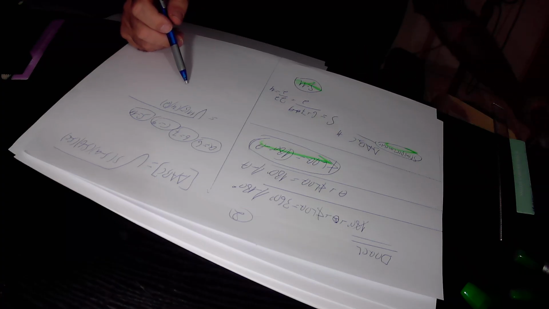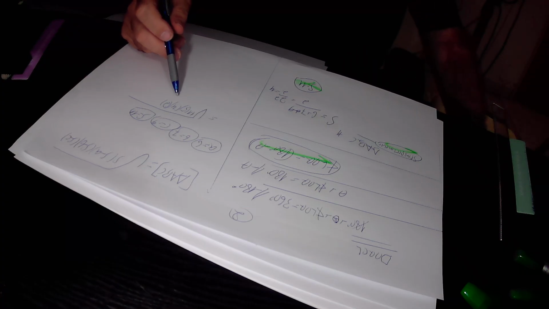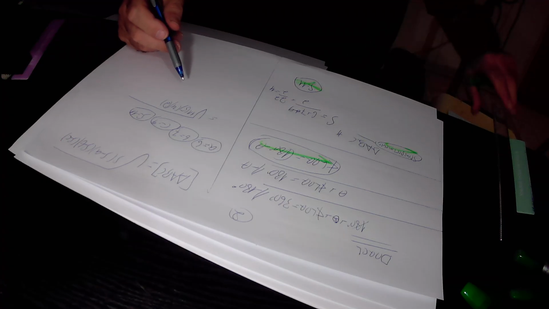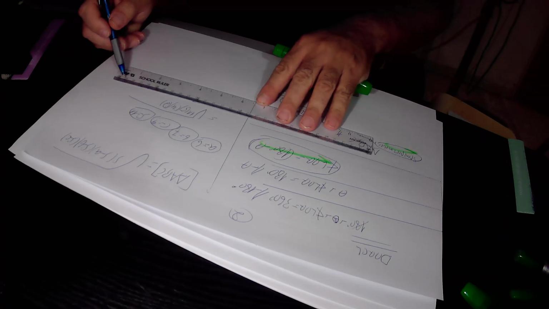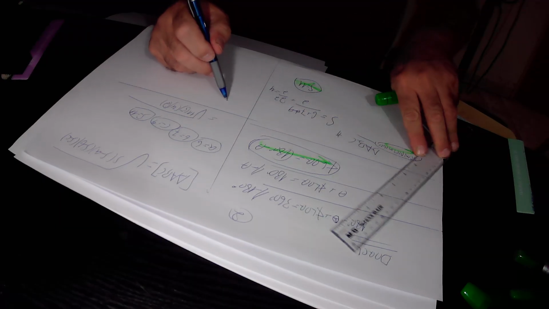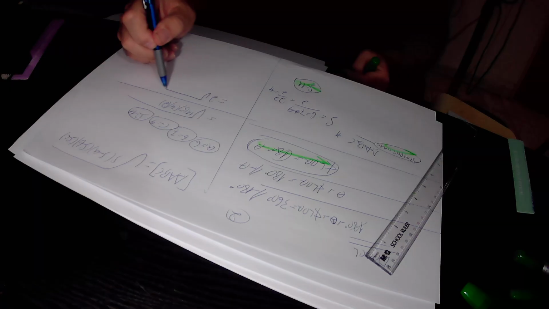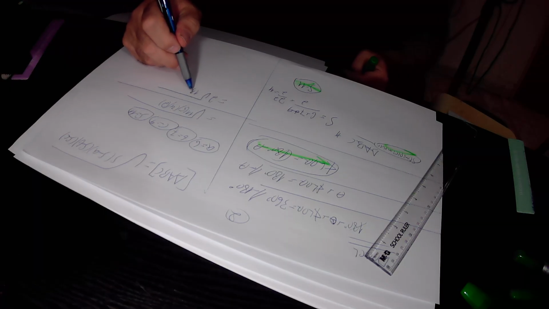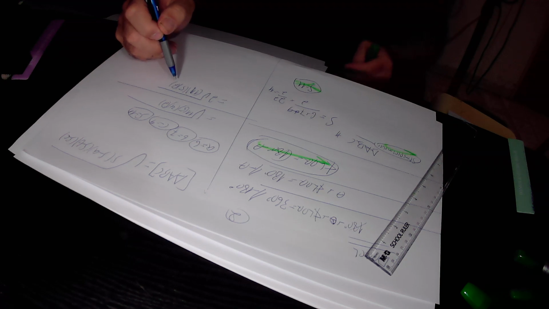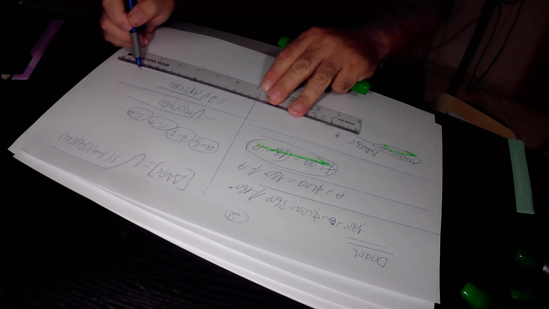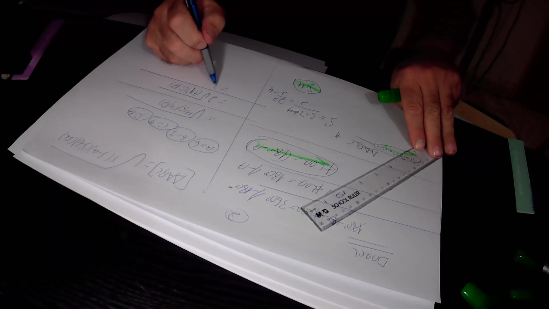The square root of 4 is 2, so we take 4 out of this root, and we get that the area of triangle ABC in total equals 2 times the square root of 11 times 5 times 2.